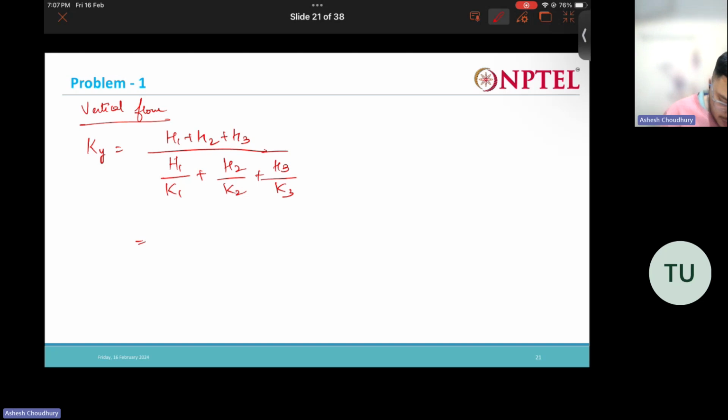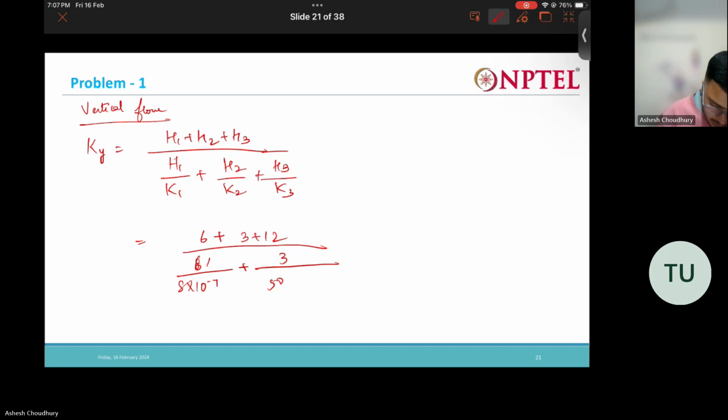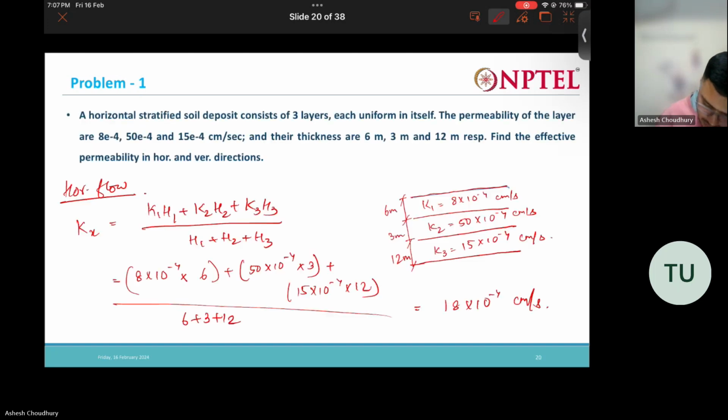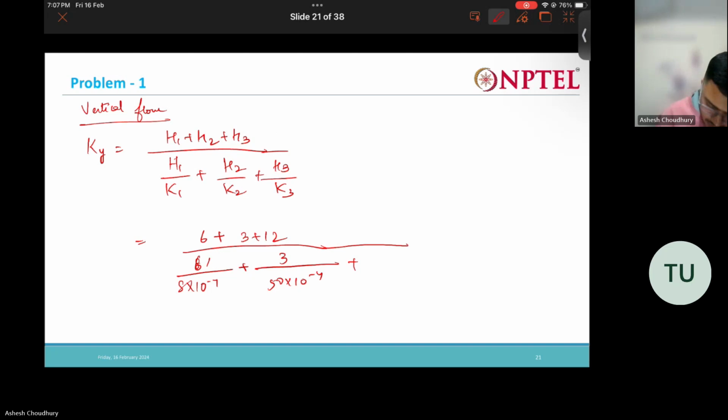So if you put all the values, 6 plus 3 plus 12 by the denominator, it will come out as 13.04.